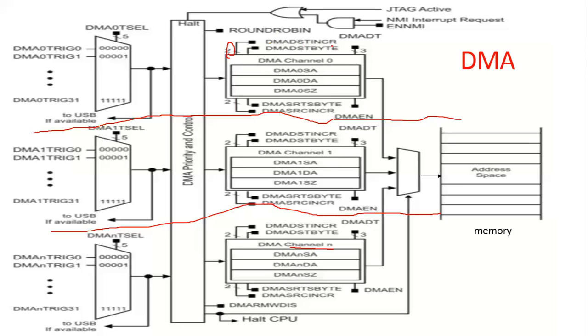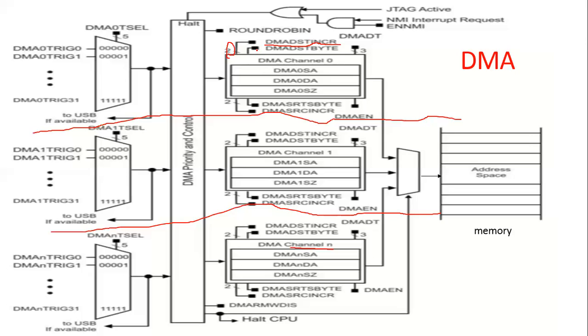That means these bits are used for selecting either incrementing, decrementing, or constant, no change. Those operations are selected by using this DMA DST INCR, which is related to the destination address.